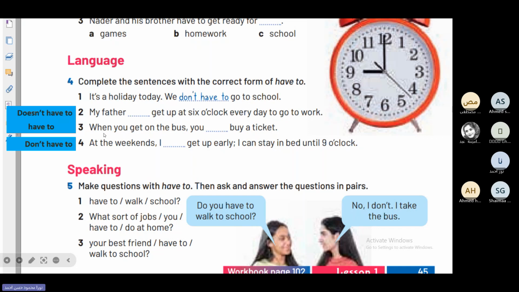What about number 3? When you get on the bus, you have to buy a ticket. We said it's important. Number 4, at the weekends, yes, I don't have to get up early. I can stay in bed until 9 o'clock, right?